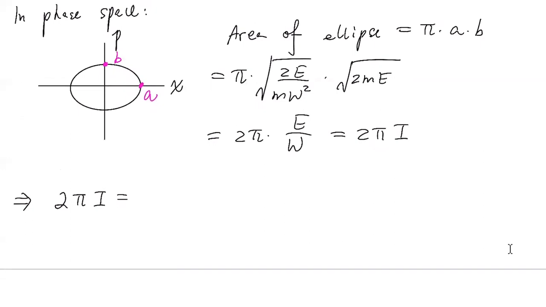That is the integral of p dx, the phase space integral over a closed loop. Of course, this p dx is used in the Sommerfeld quantization condition, right?